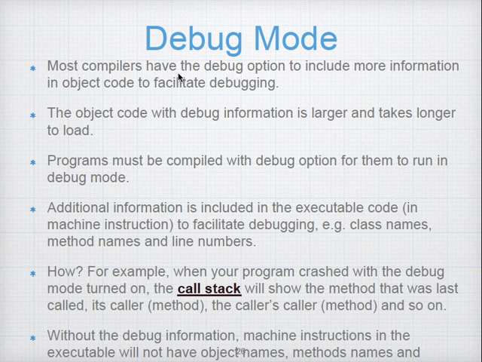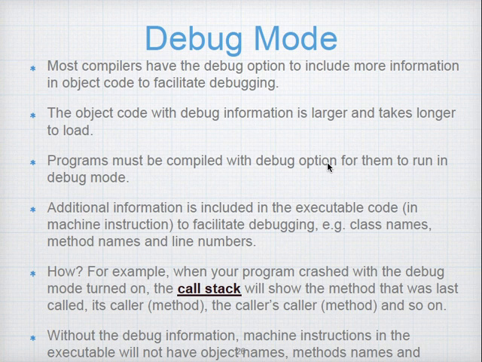Okay. And now back to debug. Most compilers have a debug option to help you more easily with the debugging exercise. So what does it mean to compile with debug information?